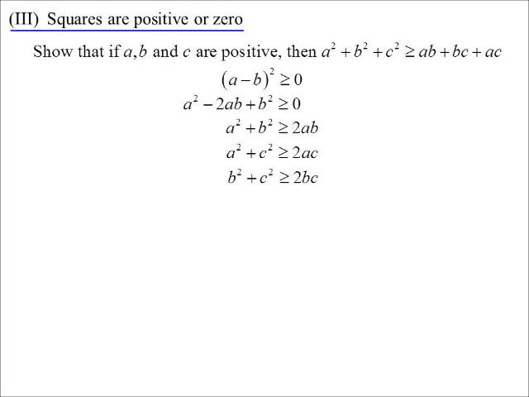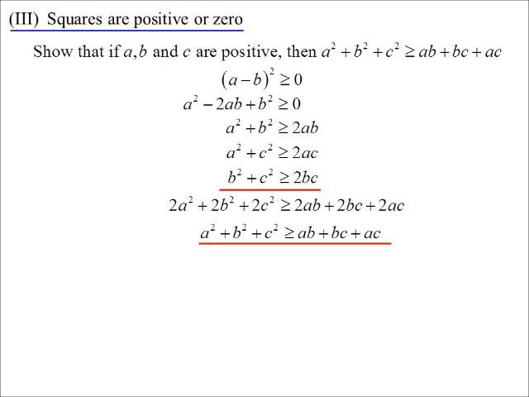So b squared plus c squared is always greater than or equal to 2bc. If I now think of these as 3 simultaneous and add them together, I get 2a squared plus 2b squared plus 2c squared is always greater than or equal to 2ab, 2bc, 2ac. Divide everything by 2, and there's my result.